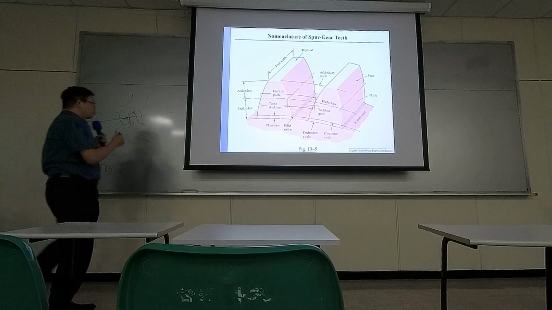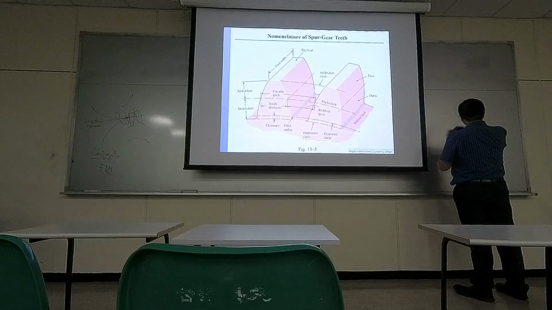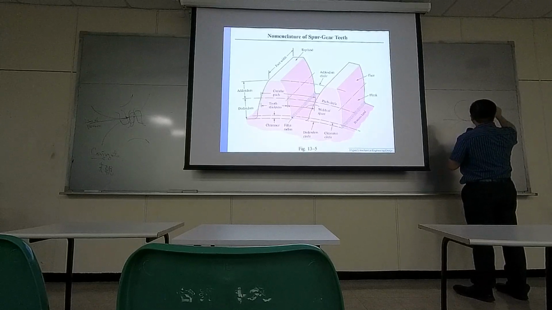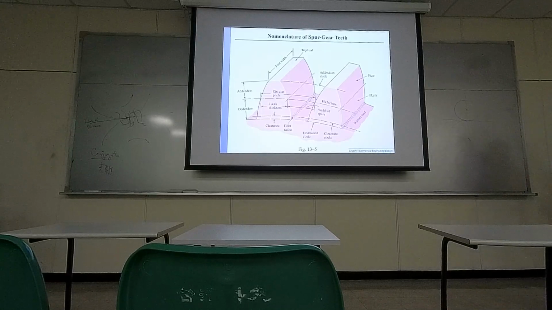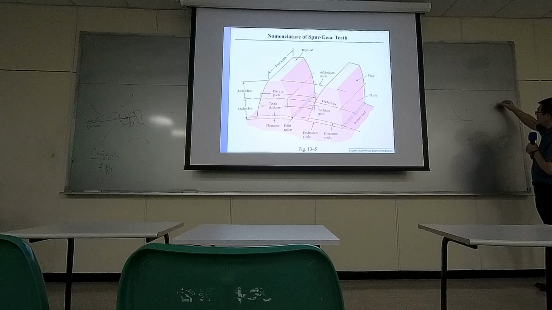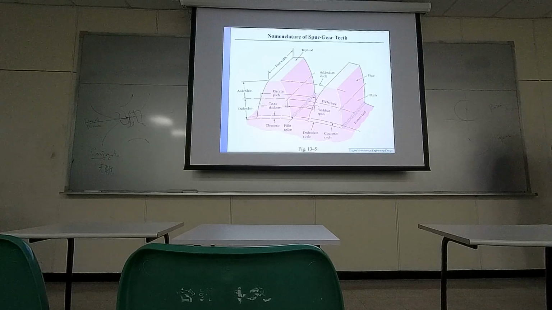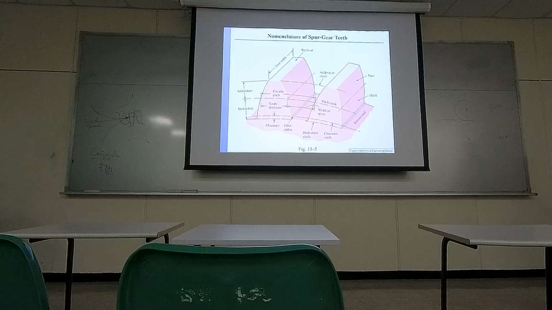So if you make a drawing like this. Oh, by the way, when two gears connect with each other, the bigger one, we usually call it the gear, and the small one we call it the pinion. So when you see the word gear and pinion, the word pinion means the gear with smaller diameter. Okay?